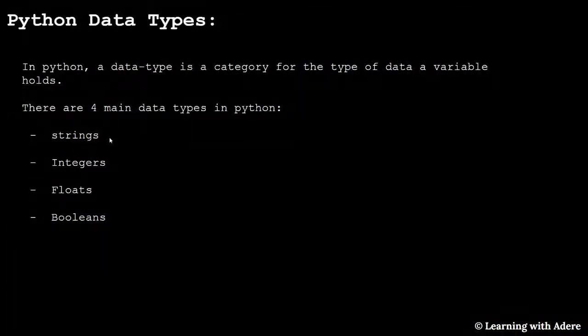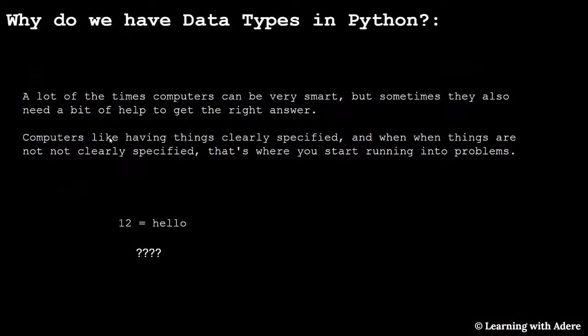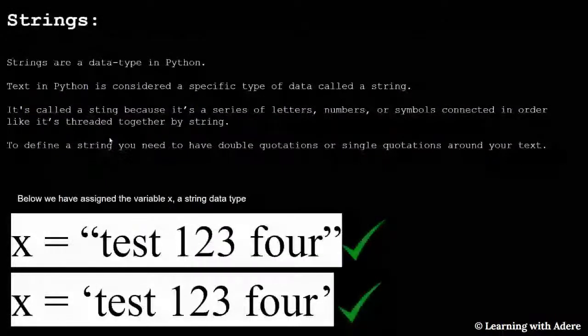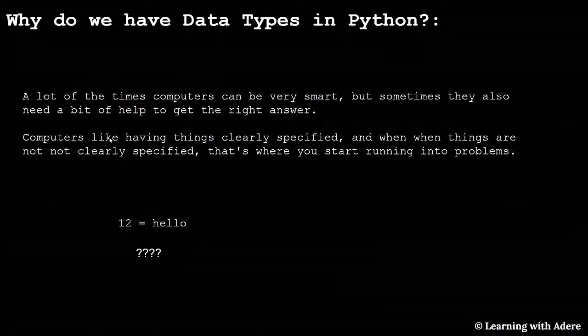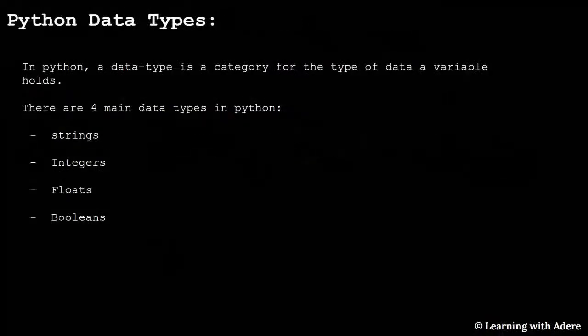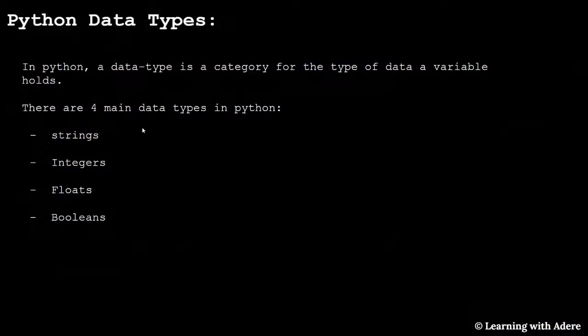Okay, yeah, we discussed why we need data types in Python, and so we're going to talk about the first data type. Right now, I said we're going to be discussing the four main data types. These are ones you're probably going to be using most often.